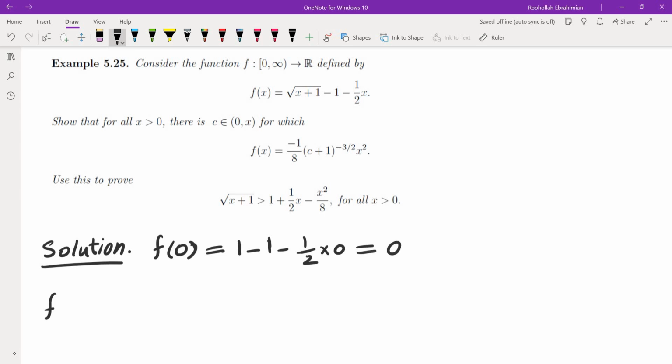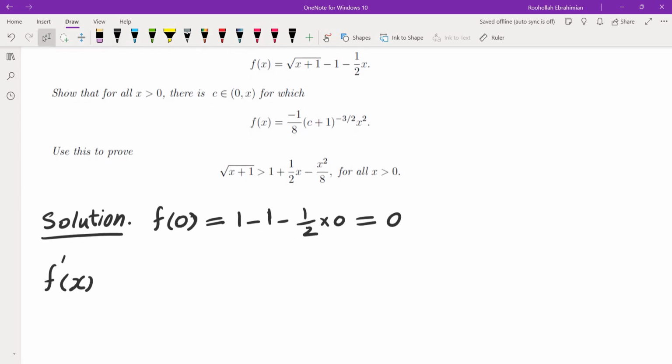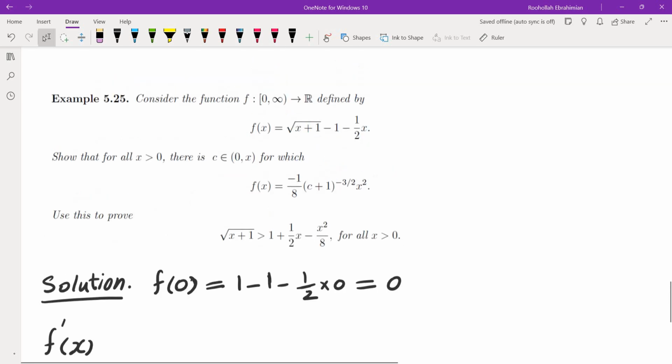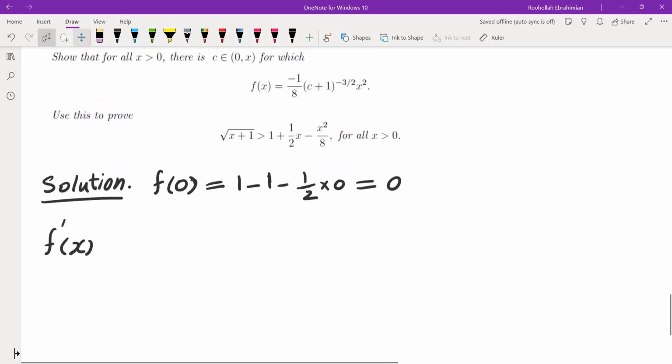Let's look at f prime of x and evaluate f prime of 0. So note that this function can be extended to all values from negative 1 to infinity.